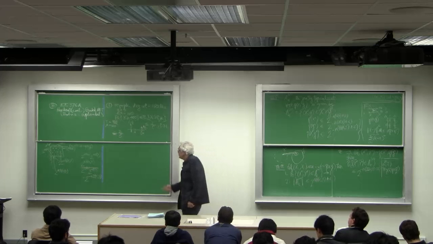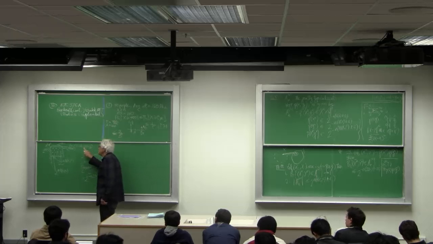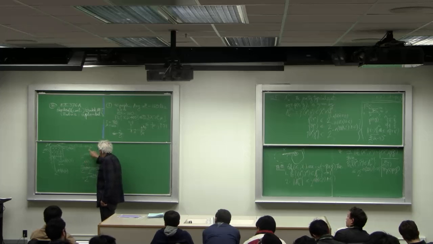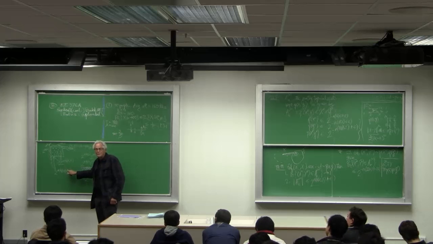Not only is it useful, it says essentially all joint distributions are the same, as long as they have the same h of x, h of y, and h of x comma y.